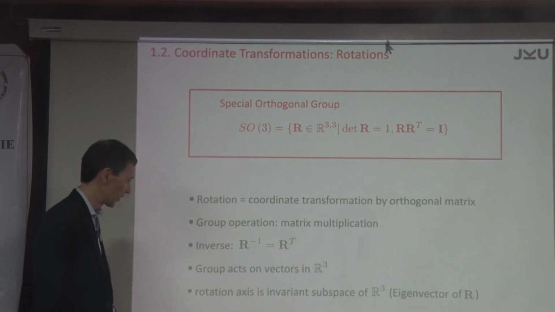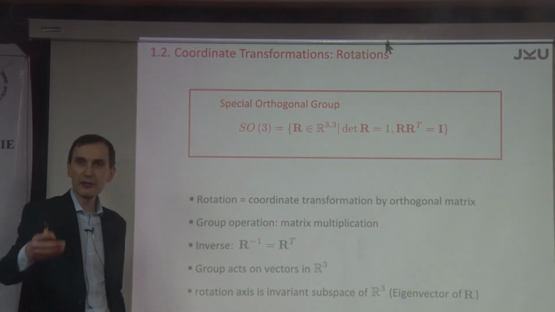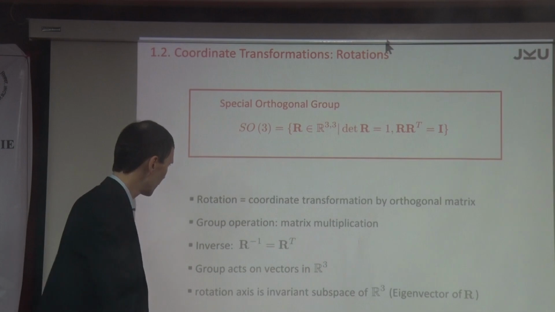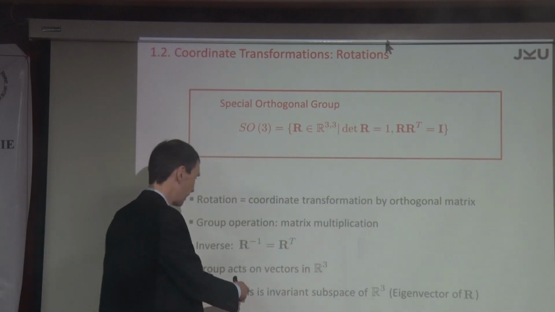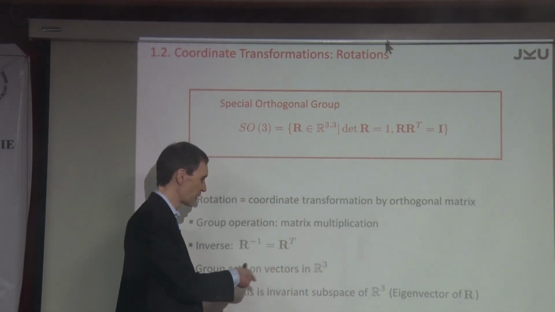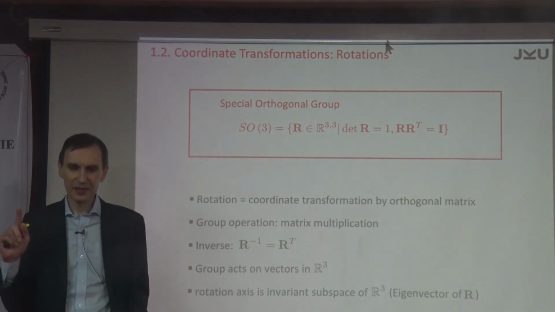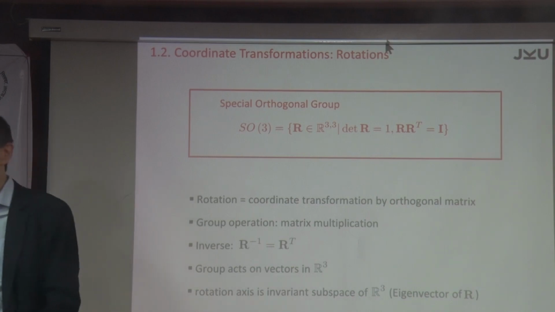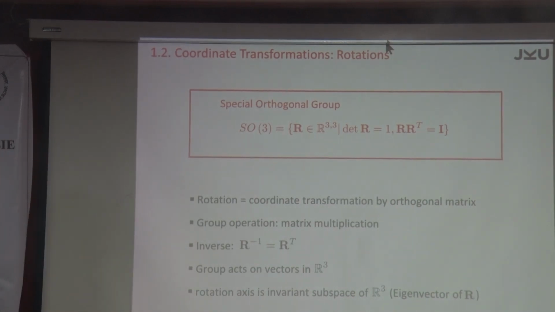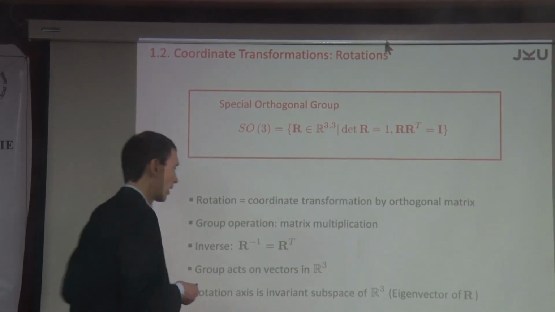If you have time, you can do an exercise and show that the axis about which you are rotating is an eigenvector of the matrix. Anyway, you don't have to do this. But how do you see this?